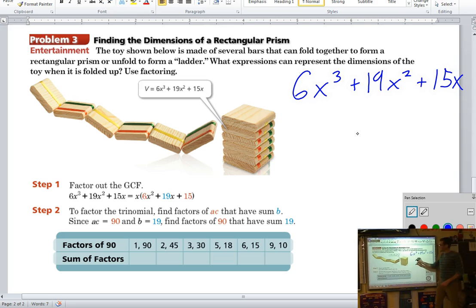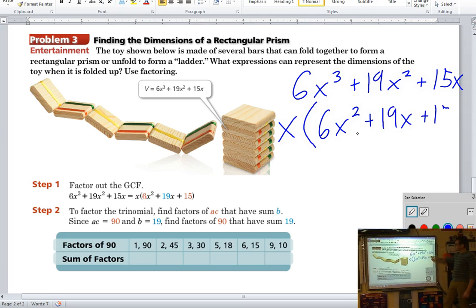We can pull an x out of all of them. Nice job, David. X times 6x squared plus 19x plus 15. I was looking at the wrong thing. So let's say I do make mistakes, but not that one.